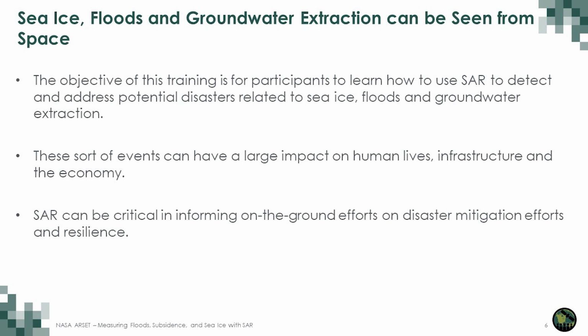All of these events can have a large impact not only on human lives, but on infrastructure and the economy. So SAR can be critical in informing on the ground efforts, disaster mitigation efforts and resilience.